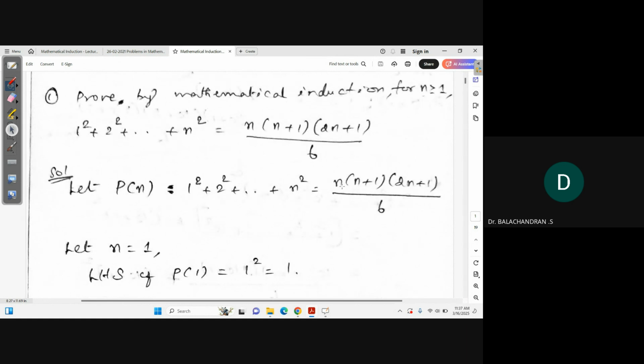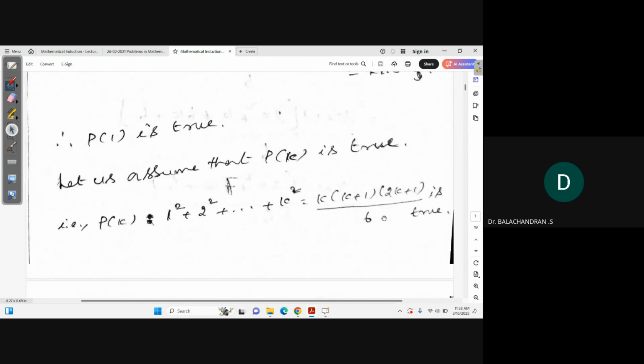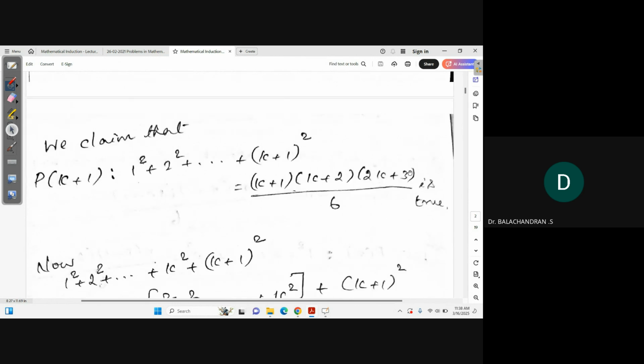You will get k plus 1 into k plus 2 into, n equal to k plus 1 means 2k plus 2 plus 1, 2k plus 3. Substitute n equal to k plus 1 in P of n. This is our claim.